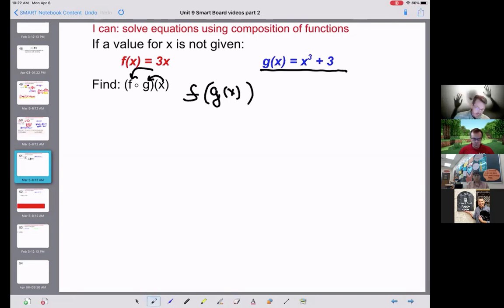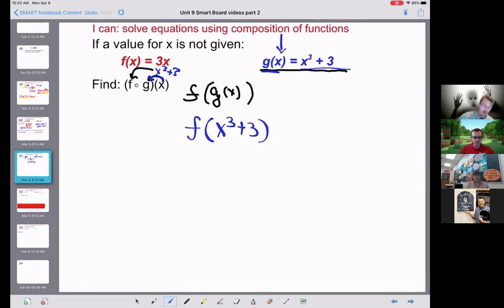And again, this is where the variable part comes in handy, because if I look at my g function, I already have an x there, don't I? So all I got to do is replace the x. I plug in the x in here, and I get x to the third plus 3. So this will be f times x to the third plus 3, because x is already in g.